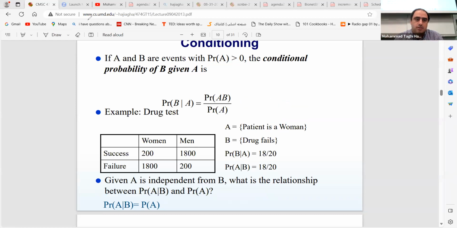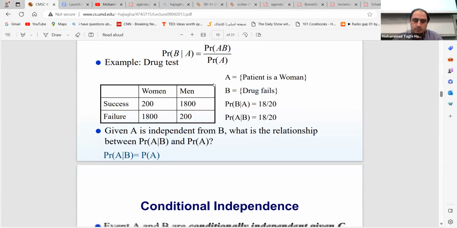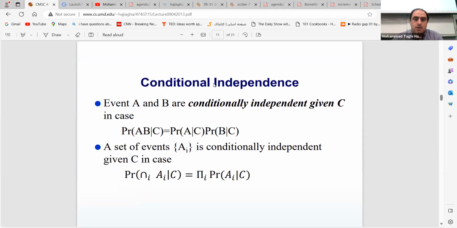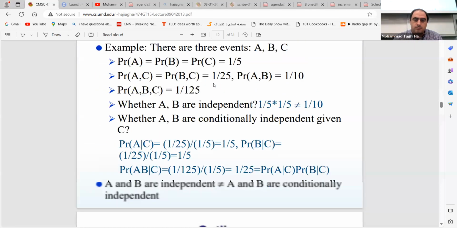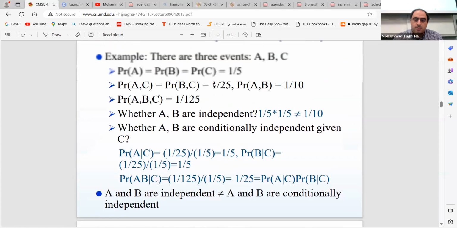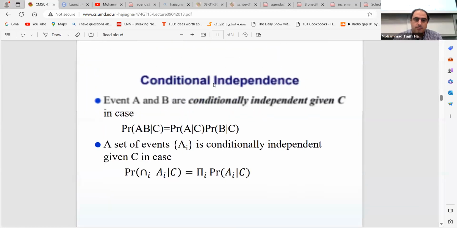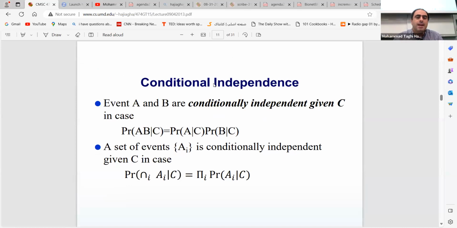Good. Let's go. So we can also define conditional independence. Let me go through this quickly.